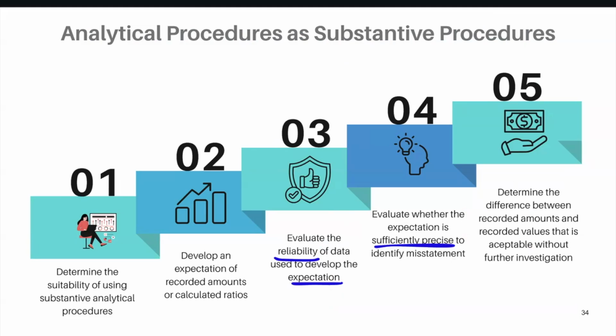So as I mentioned to you, we are expecting, for example, the trend or the industry benchmark, all manufacturing of certain product will increase. So we estimate or we expect that there's also an increase in the revenue for this year. Now determine the difference between recorded amounts and expected values that is acceptable without further investigation.